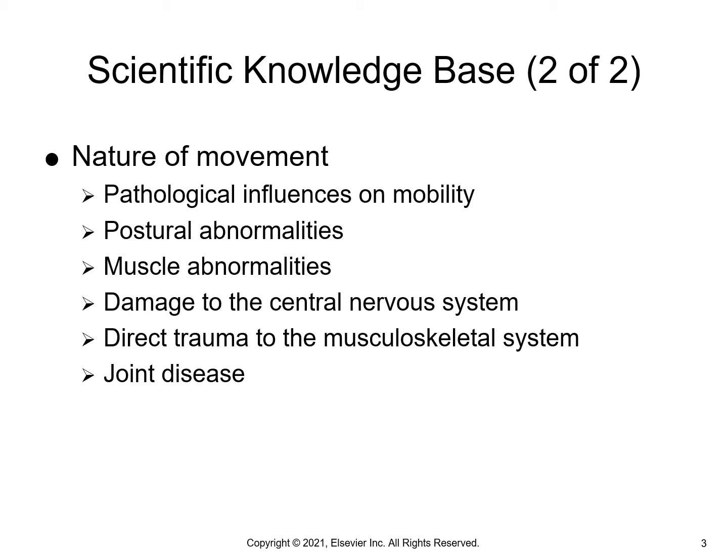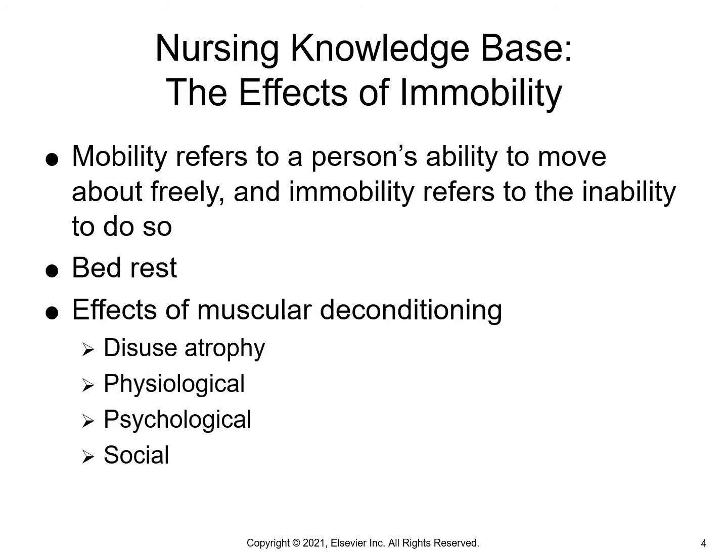We need the joints to be functioning well so that we can move that limb. So that's where you bring forward your knowledge base into your nursing role and your nursing process.